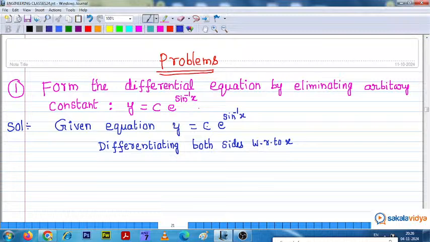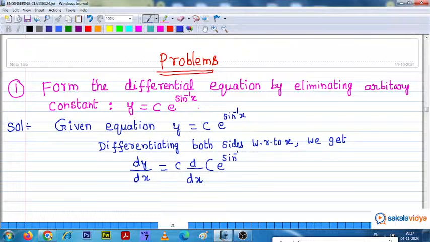So what do we get now here? The derivative of y with respect to x is nothing but dy by dx. So now the constant c common, d by dx of e power sin inverse x.